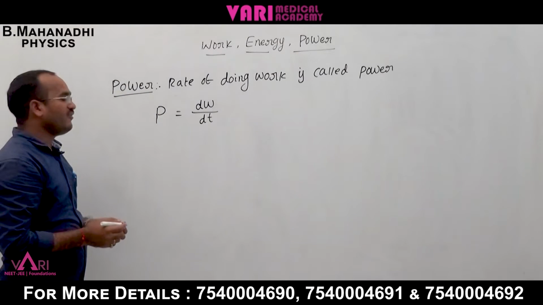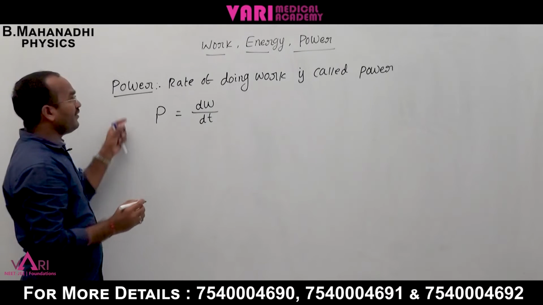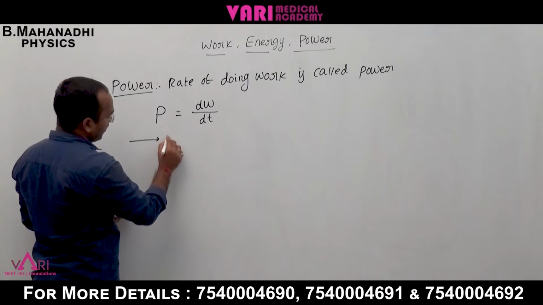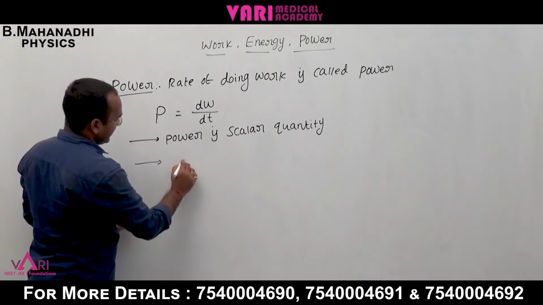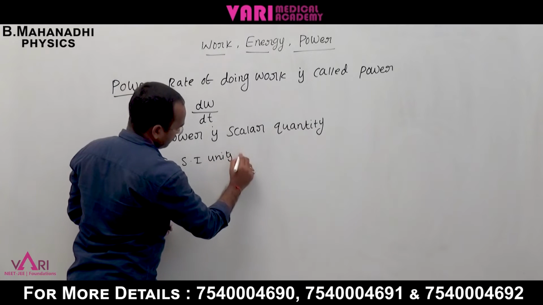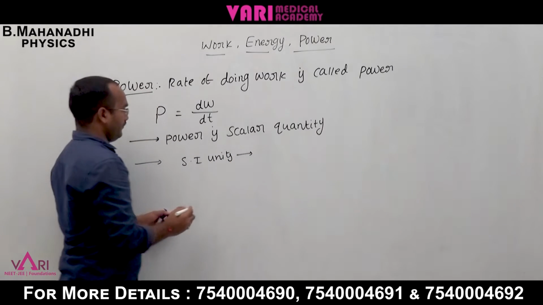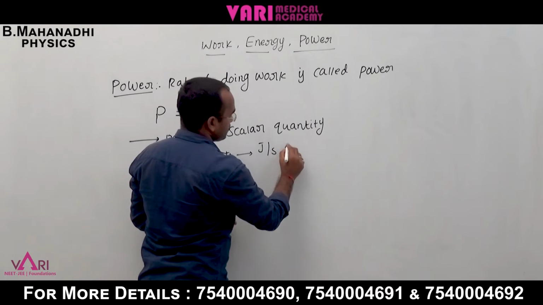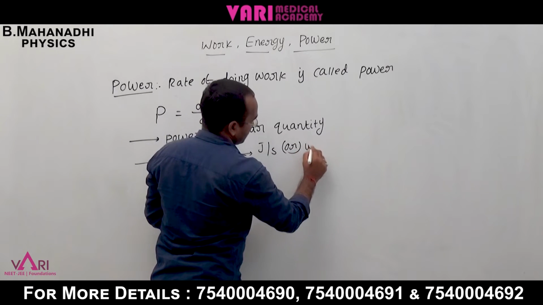What are the units of power? Is power a scalar quantity or a vector quantity? Power is a scalar quantity. The SI unit of power is joule per second, or watt.